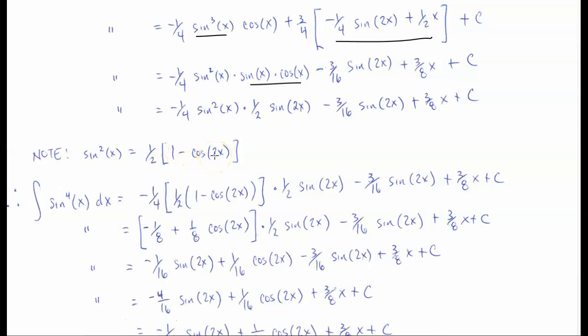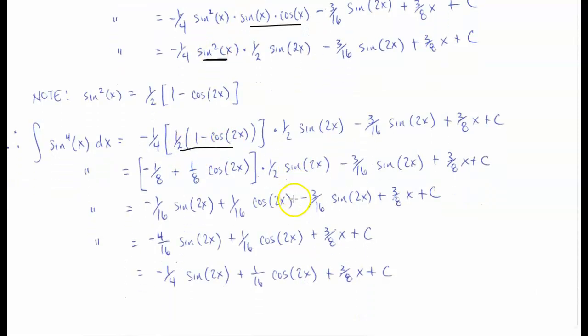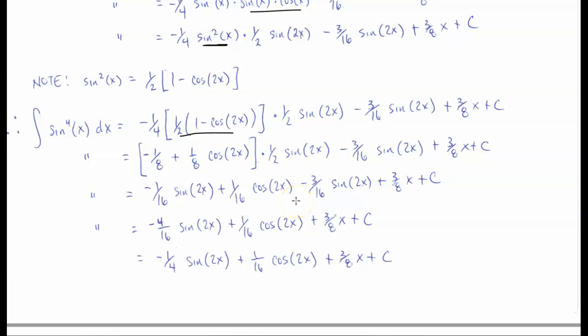That's one of your trig reduction formulas. So we'll substitute in 1/2 times 1 minus cosine of 2x here, see all that substituted in, and then from there it's just a bunch of arithmetic to get it down to something relatively simple. And of course, we get to this final answer here.